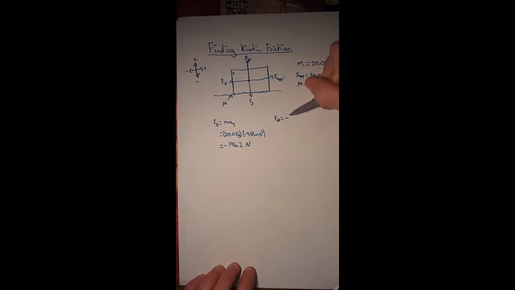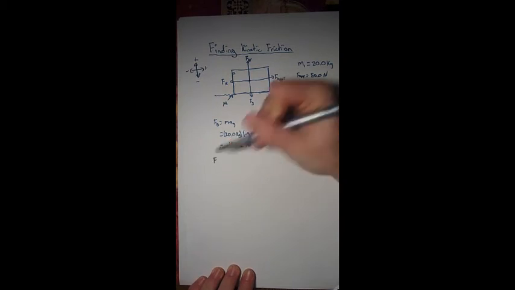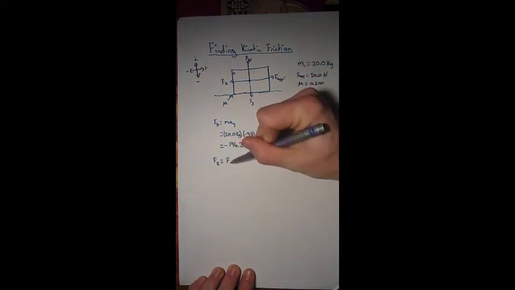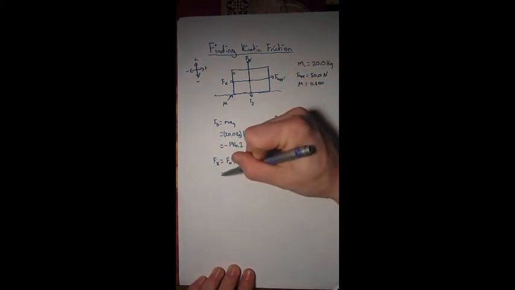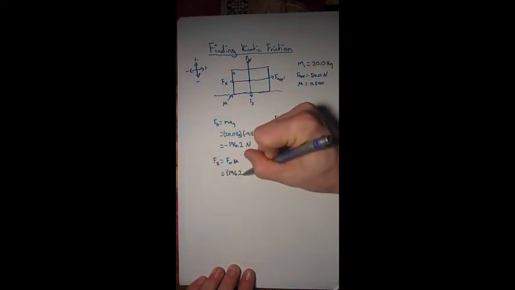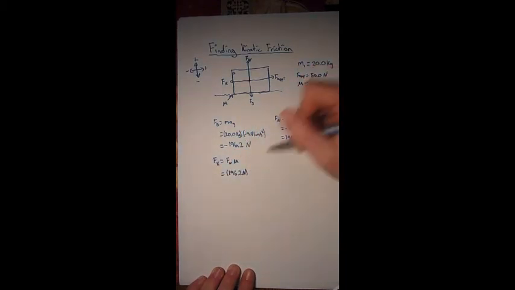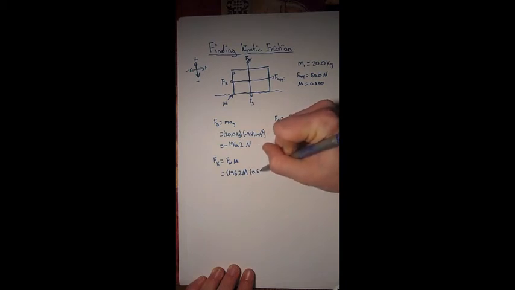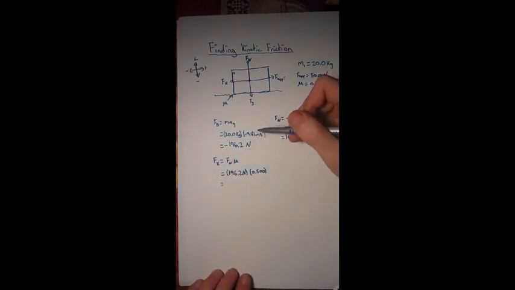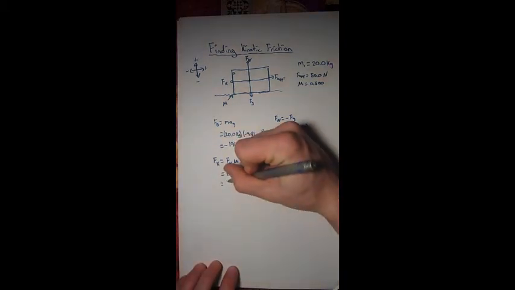So we know that the normal force is 196.2 newtons, positive. We can now sub that normal force into the friction equation. And we find that kinetic friction is 98.1 newtons to the left.